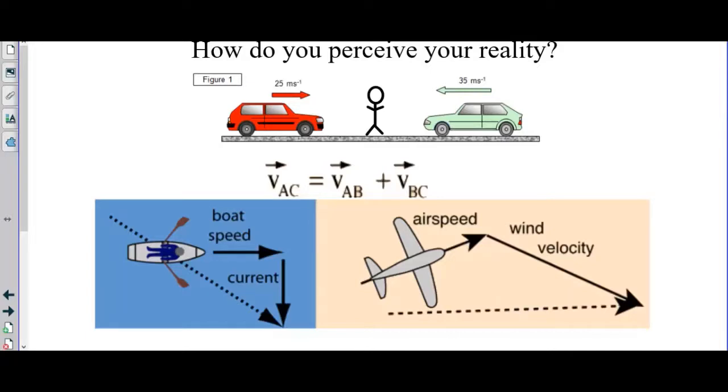Whereas if I put somebody in this car, according to them, they would be at absolute rest. And the person inside this car would say that the stick figure is moving left at 25 meters per second, because if you're inside this car, you are considered to be in an at-rest state.